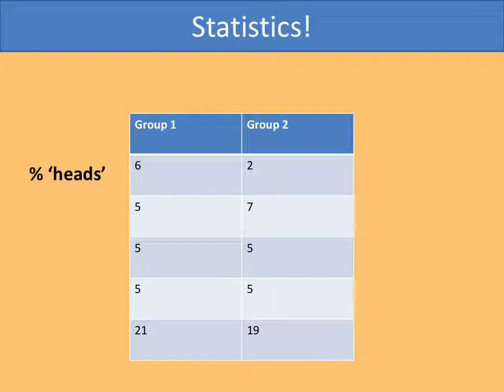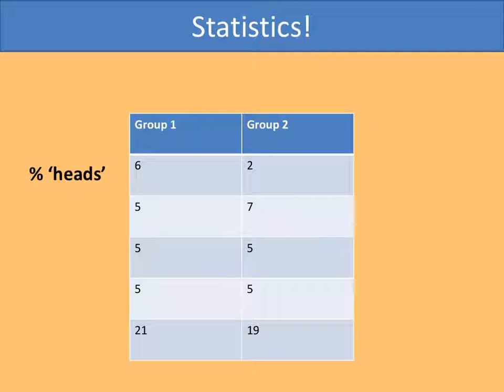Okay, and then remember, we went over this, someone flipping a coin, there's a 50% probability that it's going to come up heads. If each individual flipped the coin 10 times, it turns out the first individual came up with 6 heads and 4 tails.